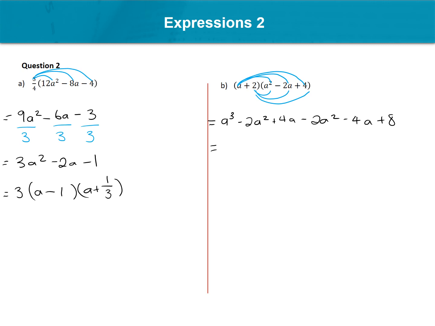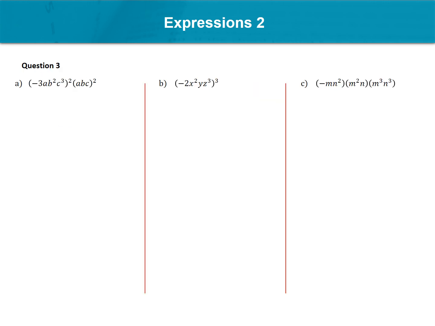So we have only one cubed, so we have a cubed. The minus 2a squared, this should be a plus 2a squared, sorry. Minus 2a squared plus 2a squared gives you 0. Plus 4a minus 4a gives you 0, and we are left with plus 8. Final answer, a cubed plus 8.